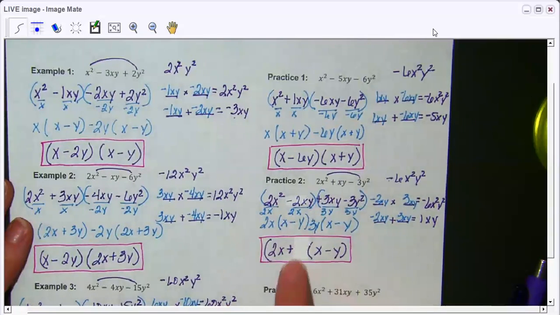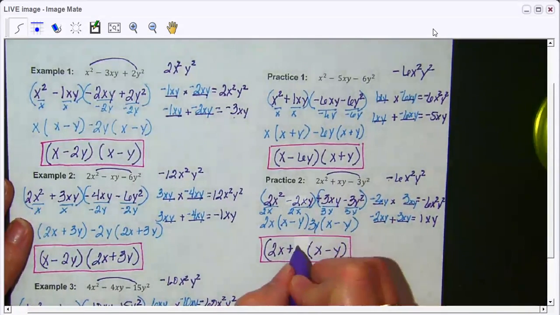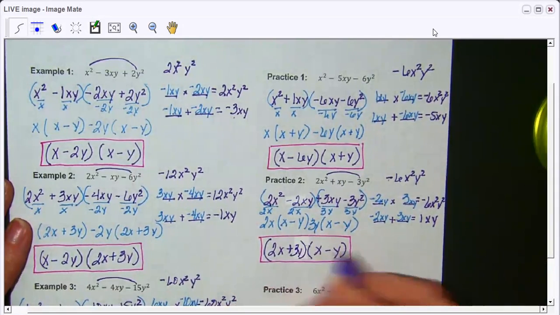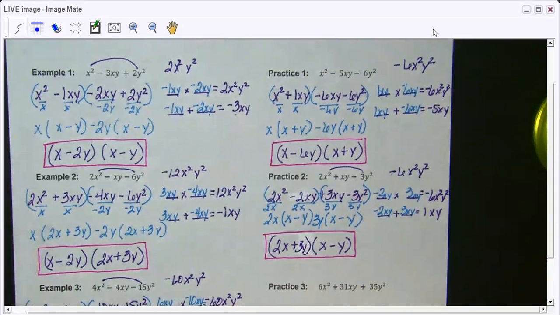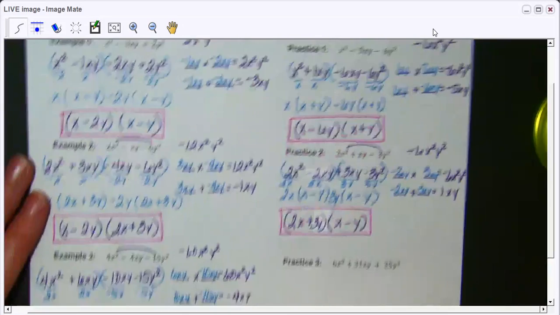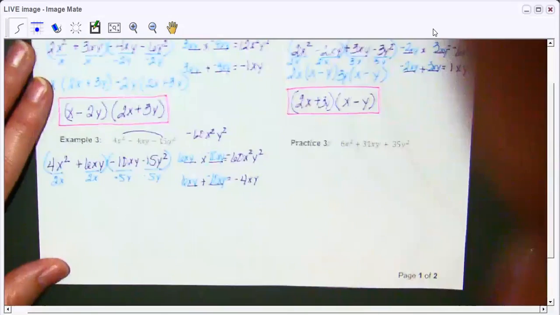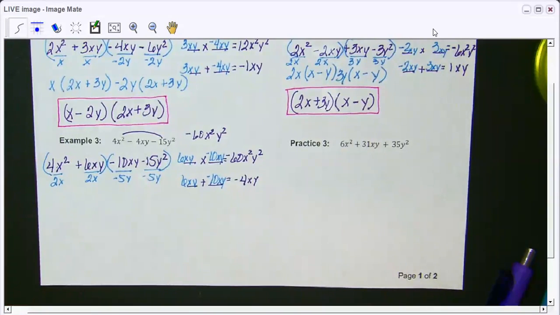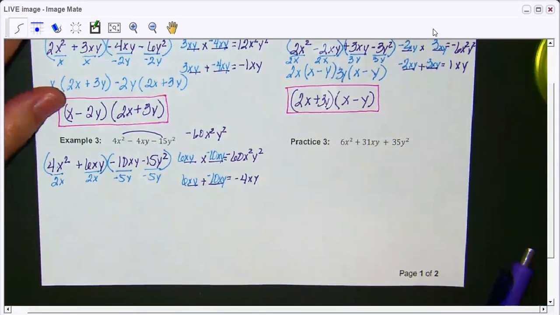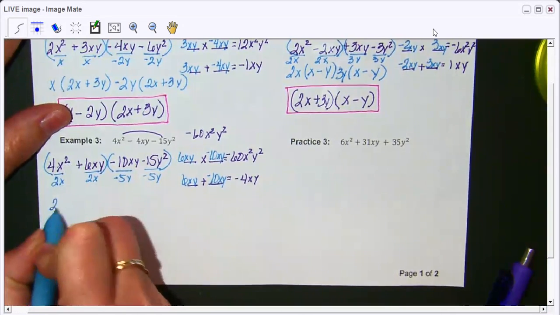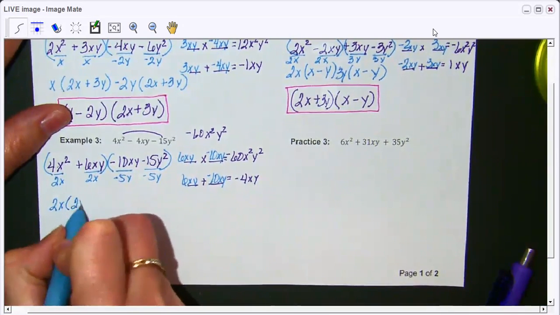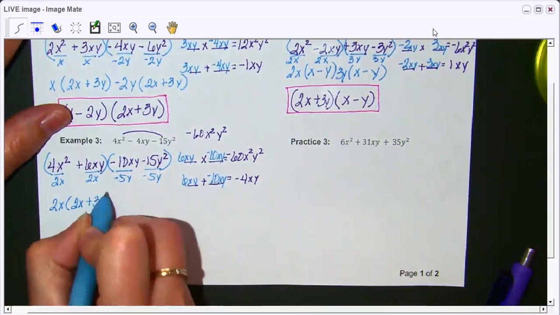Okay, so on practice 2, this should have been a 3y right here instead of just 3. Now at 3, this is where I'm at so far. We found our factors. I'm starting to factor out the GCF. And when I do that, I get 2x times 2x plus 3y here.